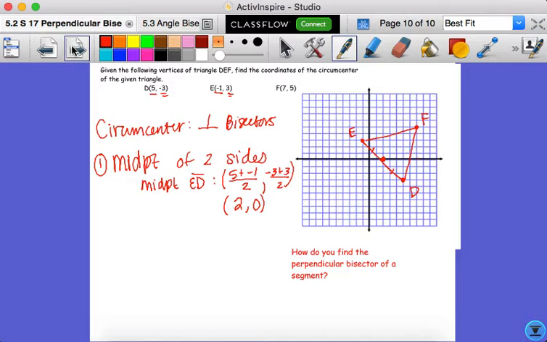I also need to find the midpoint of one other side, so I'm going to find the midpoint of EF. So using E and F, -1 plus 7 divided by 2, and 3 plus 5 divided by 2. Again, what we're doing there for the midpoint formula is we're adding the x's and dividing by 2 and adding the y's and dividing by 2.